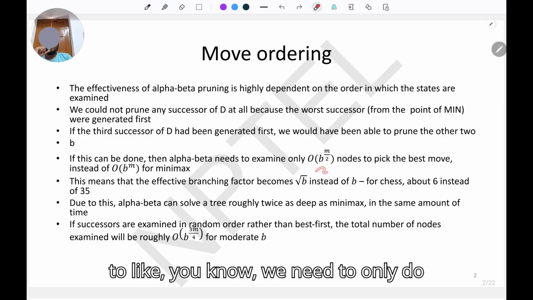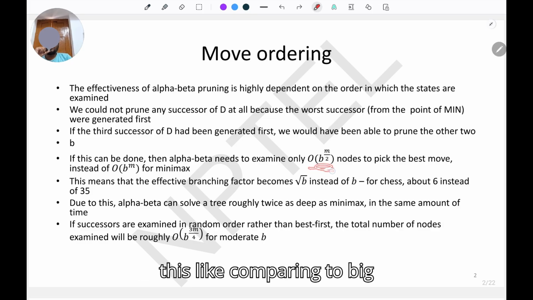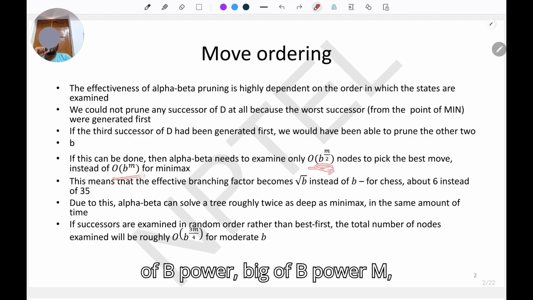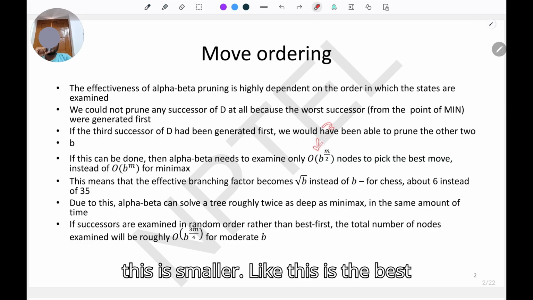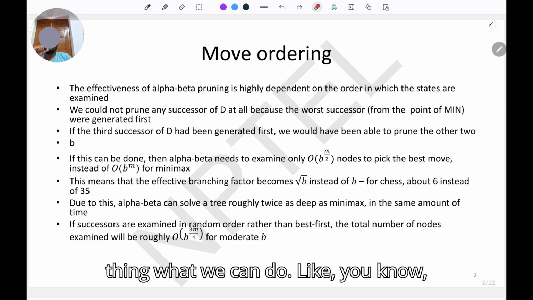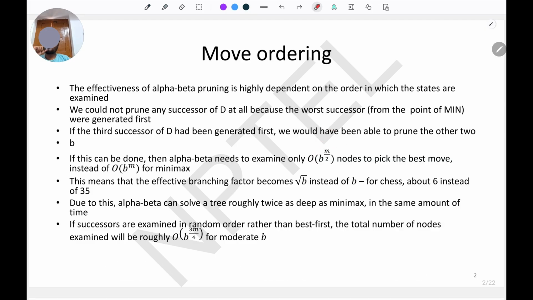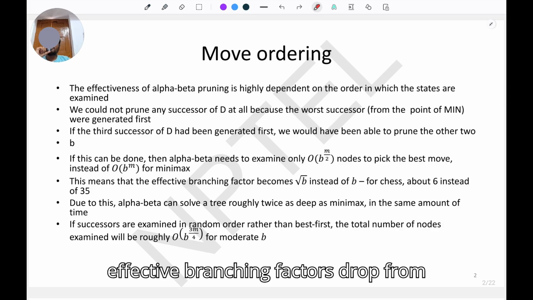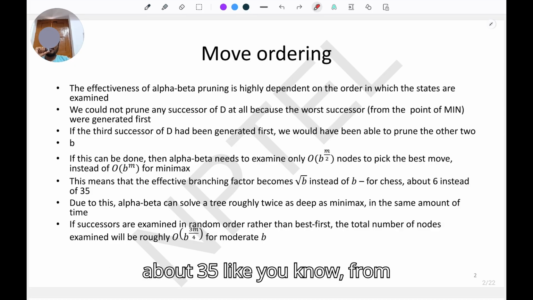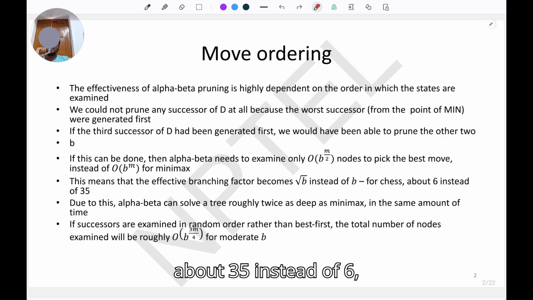Compared to O(b^m), this is smaller. This is the best thing we can do, a massive saving. The effective branching factor drops from about 35 to about 6.